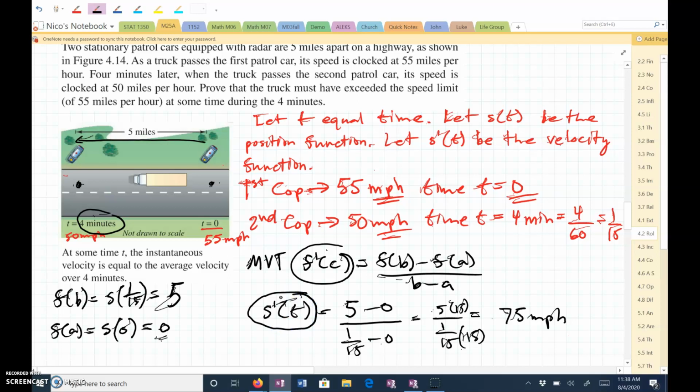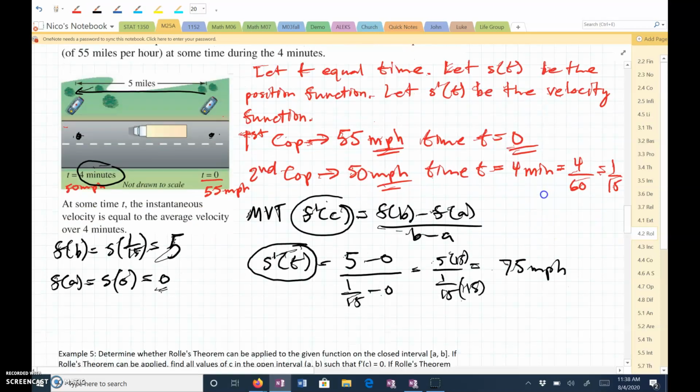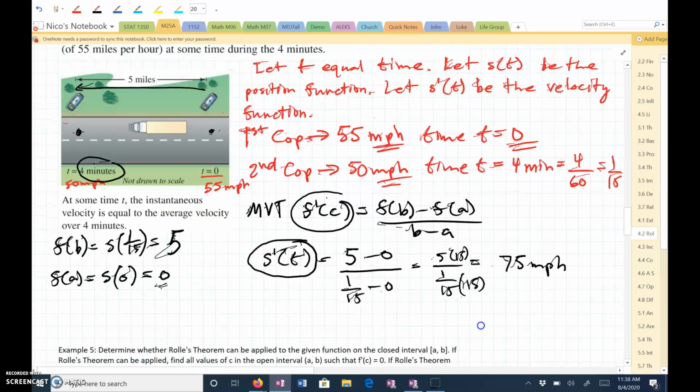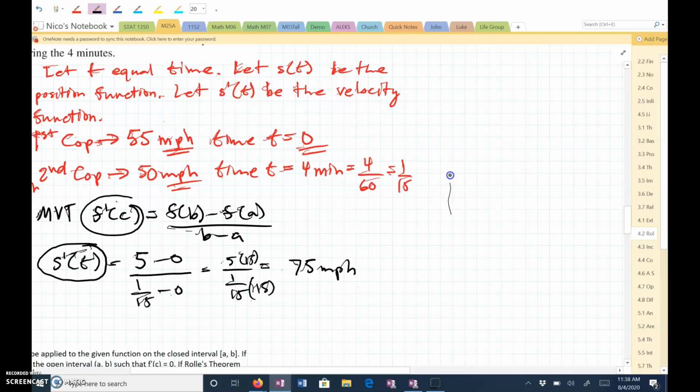Okay, so you know, if we were going to graph this, it would look like this. Let's see. So time here, that's time.